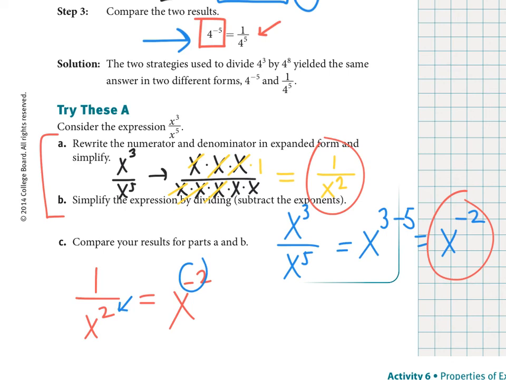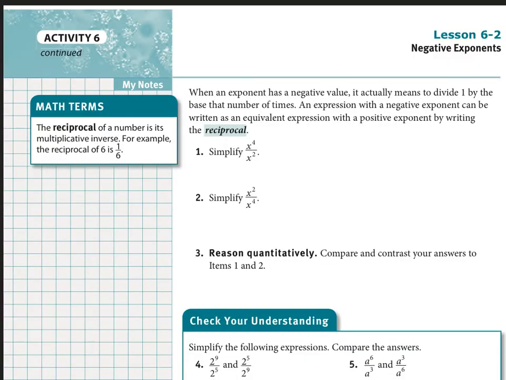Let's keep looking at that a little more. Back to the term reciprocal, you can see the definition over here. It's basically the multiplicative inverse, which is kind of a fancy word. For example, the number 6 has reciprocal 1/6.